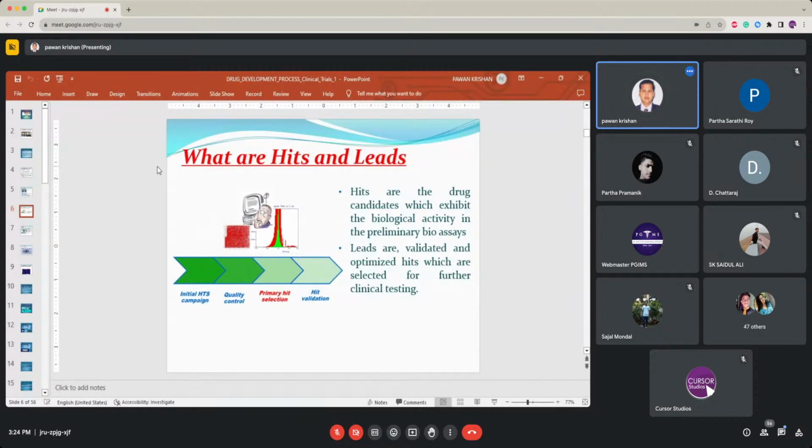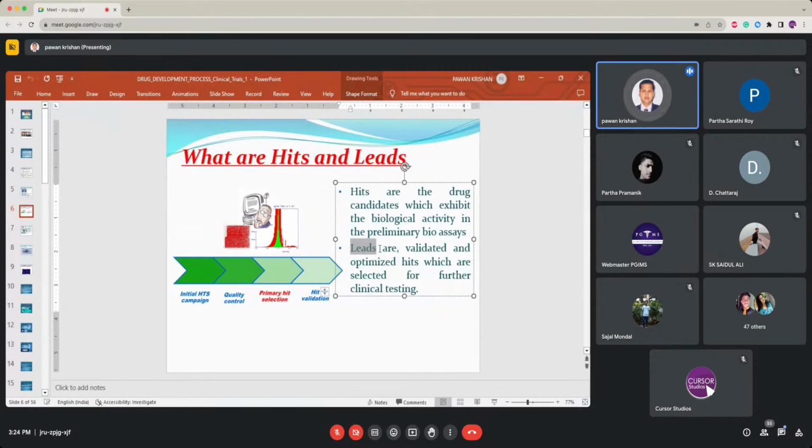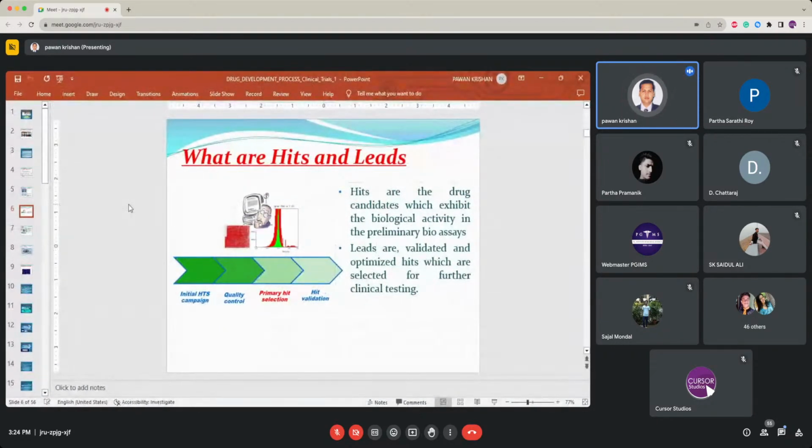Then out of those, again they are refined and examined or analyzed in detail to focus on some compounds, called leads. Leads are those compounds out of the hits which are further selected for testing or development, and they are very few in number, maybe two or three molecules, a single-digit number.